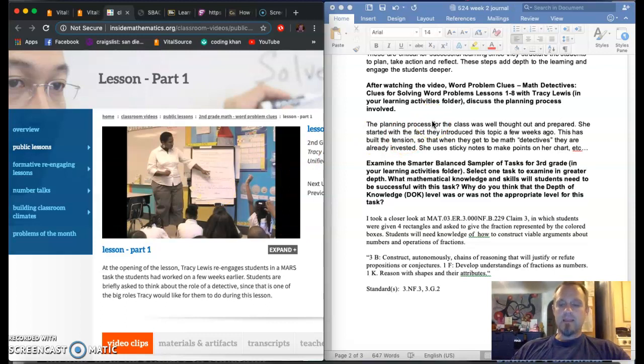She starts by saying they introduced the lesson several weeks before. So the class has had a lot of time to process the potential for this work, and looks like they're primed for this lesson with that much introduction. They built up the tension, and so they're ready to be math detectives, and they're already invested.